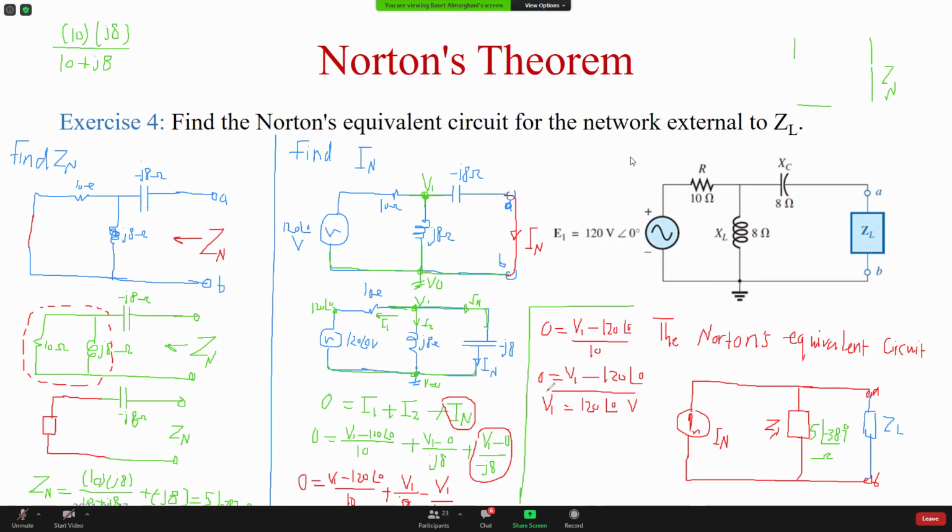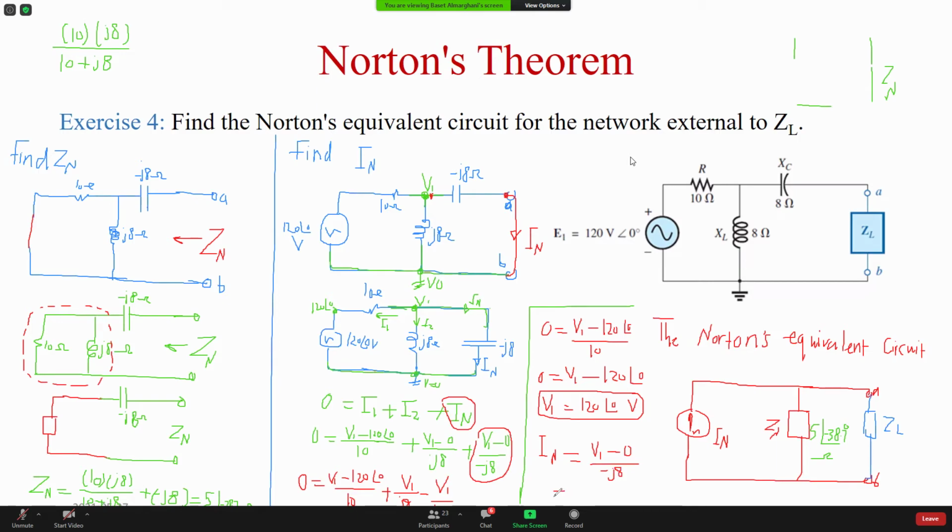This is the voltage. Now I don't want the voltage, I want the current IN. IN is the current going through this capacitor, through the short circuit. So it is the voltage across the capacitor, which is V1 minus 0. The voltage at this side is V1. The voltage at this side is 0 because it's connected to the ground. Divided by the impedance minus j8.